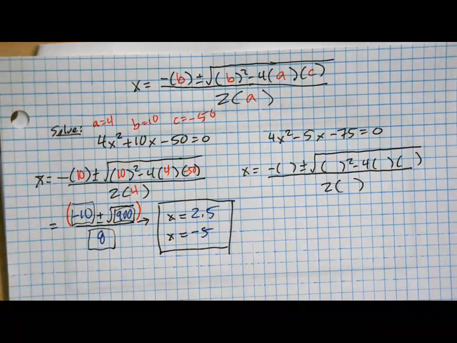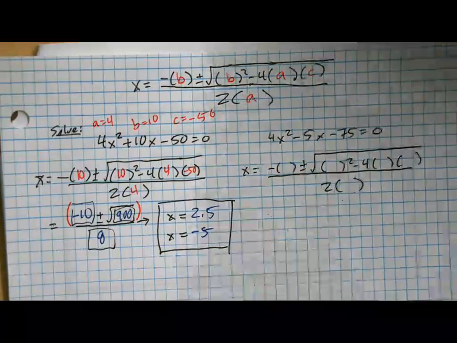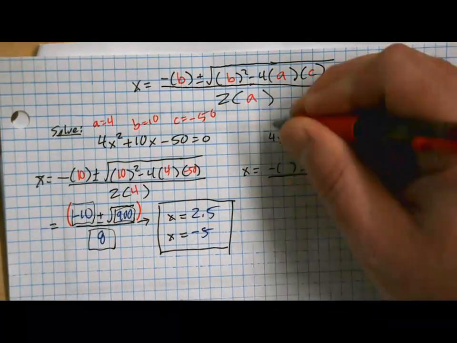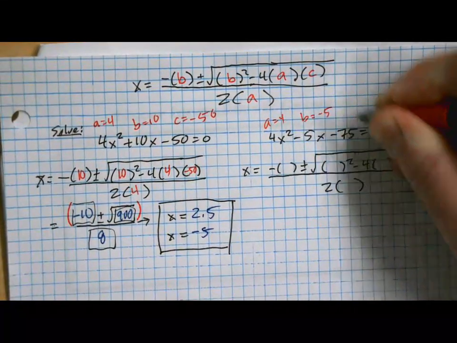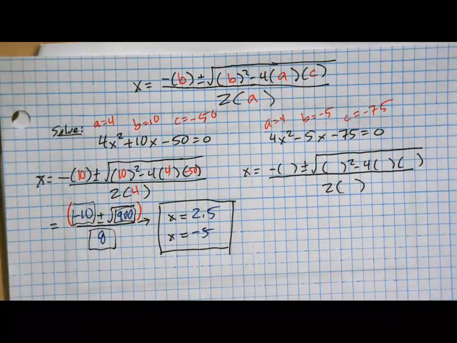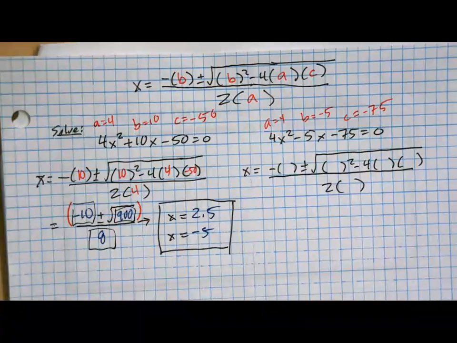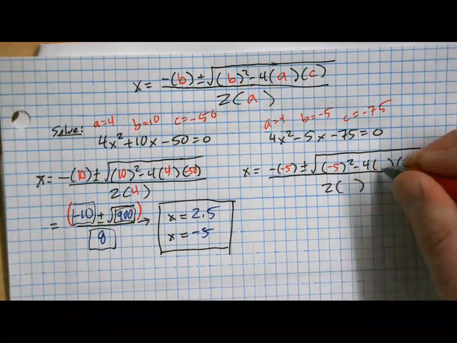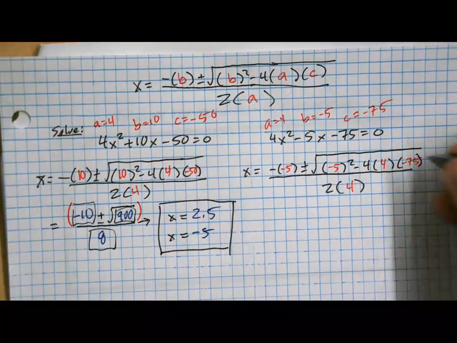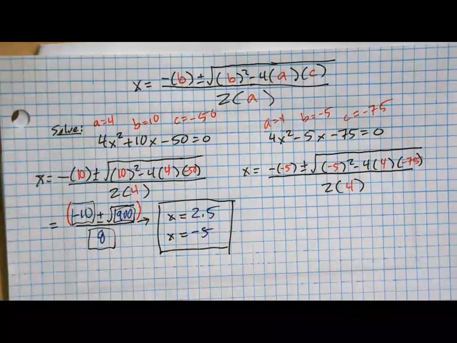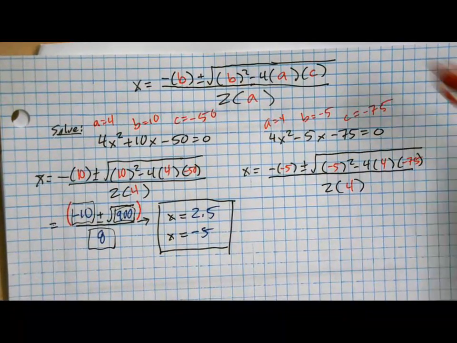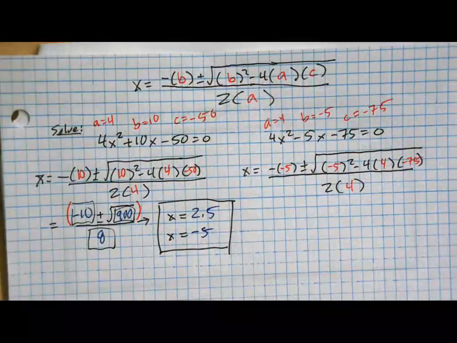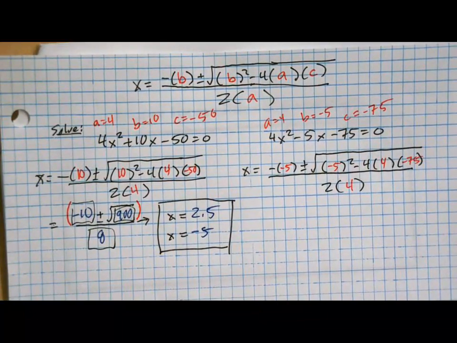Once you have that written out, then go ahead and fill in your values for A, B, and C. Then simplify and use your calculator to come up with your final two. You should get two solutions.